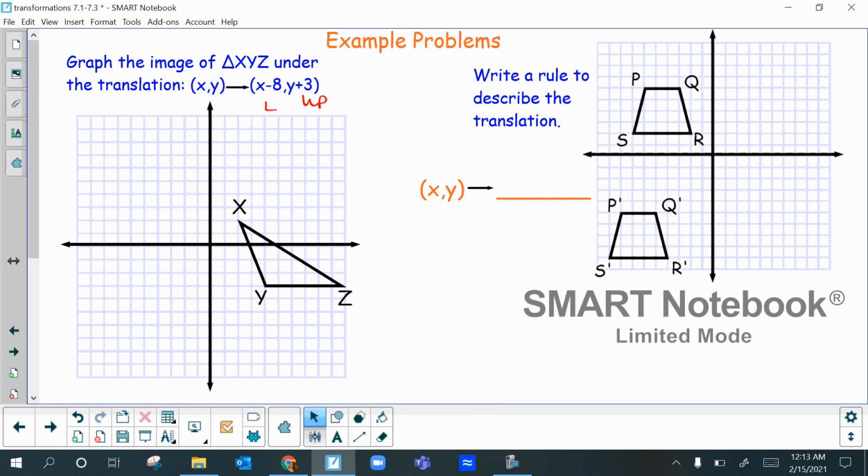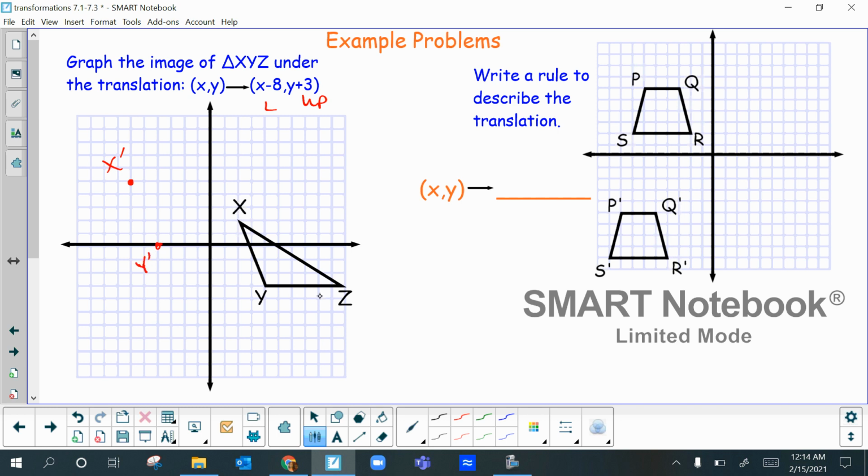All right, sometimes it's easier to just count it out. So we're going to go left 8, 1, 2, 3, 4, 5, 6, 7, 8, and then up 3, 1, 2, 3. So that's going to be X prime. And we're going to do the same for each one. Left 8, up 3. So that one's going to be Y prime.